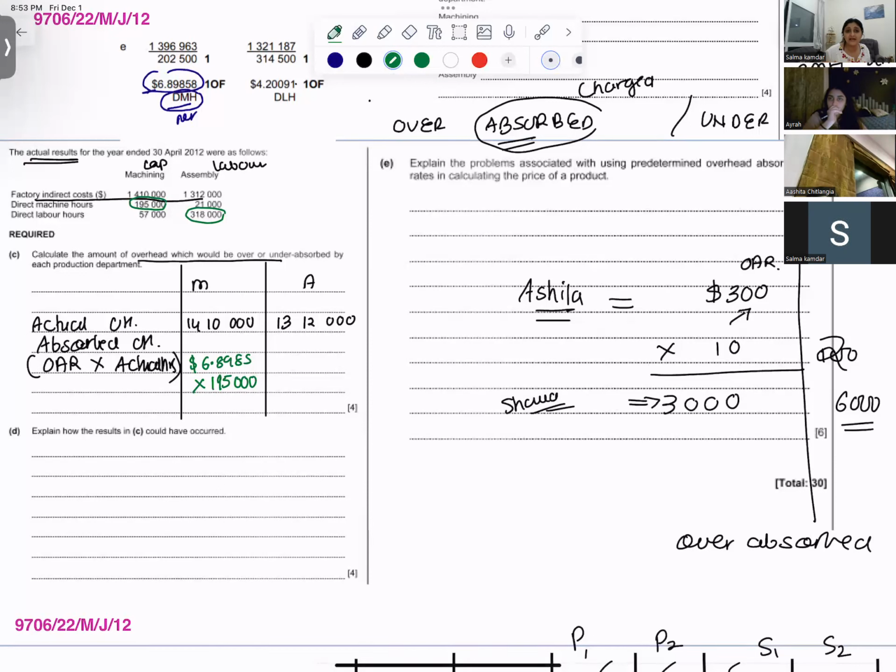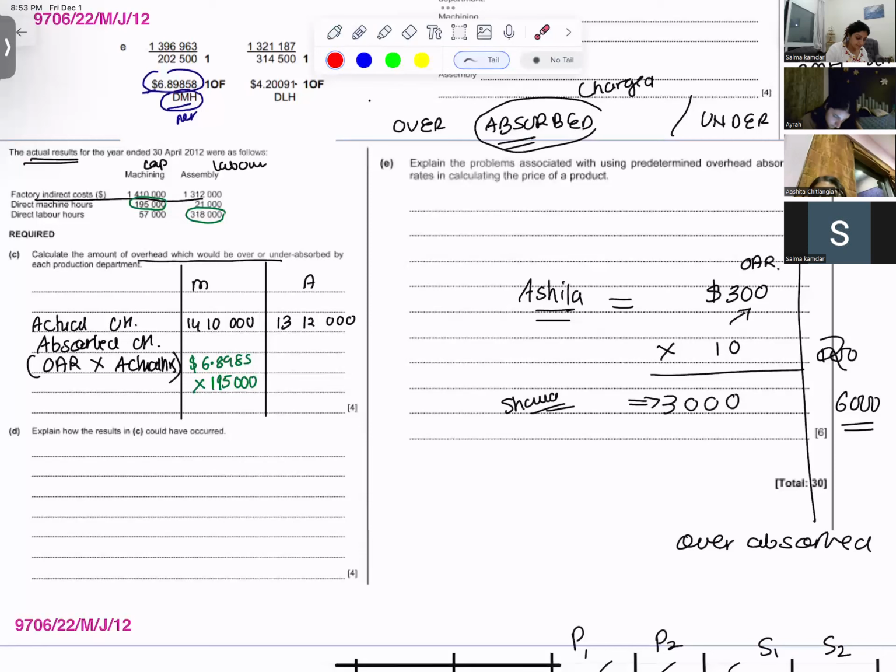But when you come to my classes, you have 500 worth of Starbucks only. So my actual expense behind you would be more. So you compare your actual with what you recover. I would recover based on a predetermined rate. Predetermined rate is the overhead absorption rate.